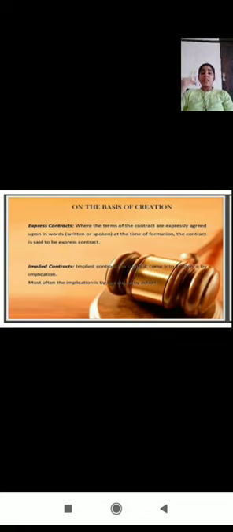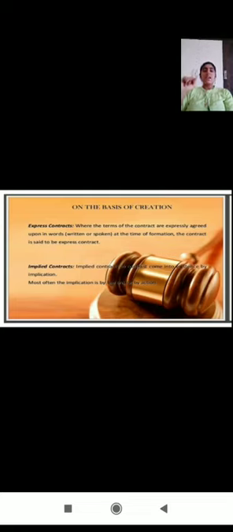When we enter into a contract, either we send a letter to the promisee or we are directly connected by phone call. Either oral or written, whatever it may be, if the contract was made at the time of formation in this way, it is known as an express contract.